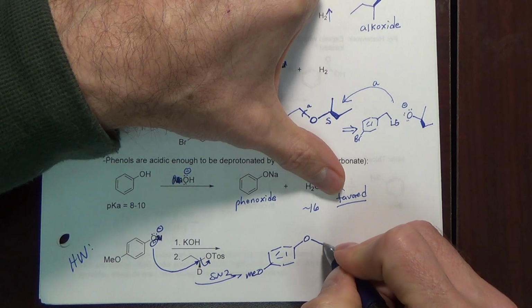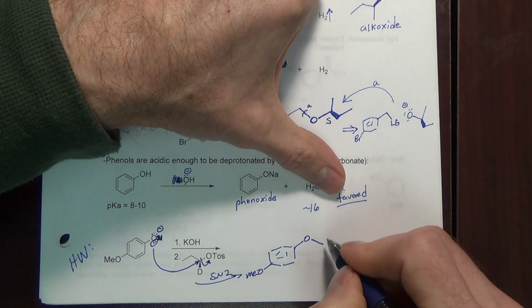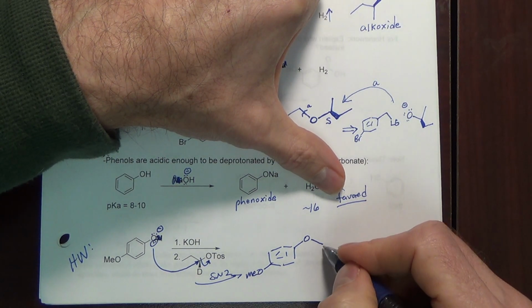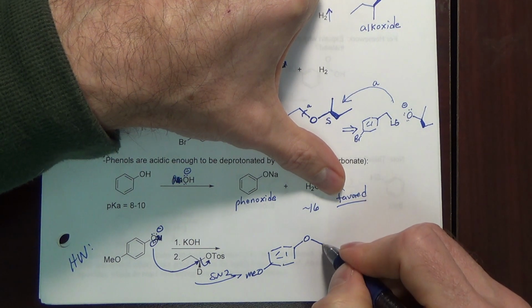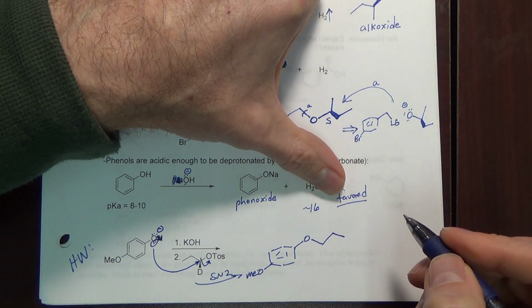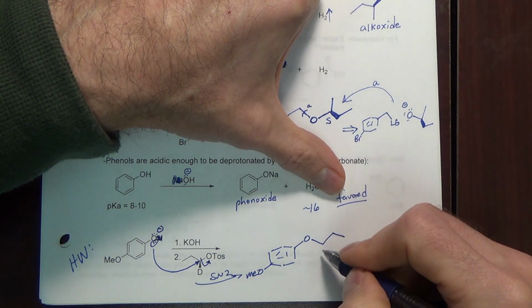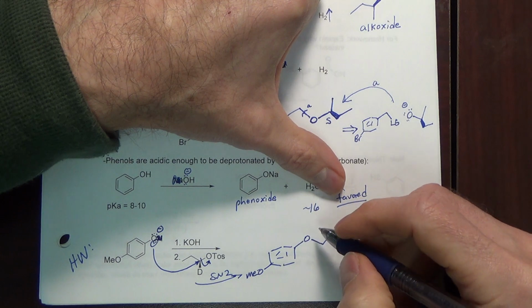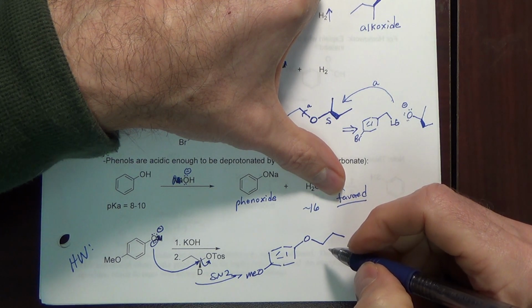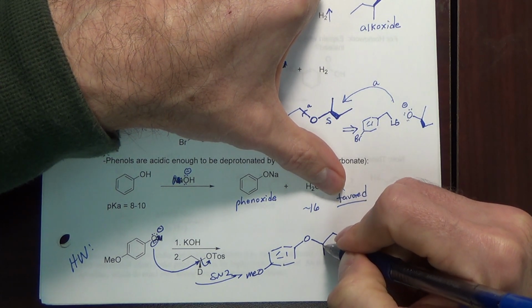How am I going to show this chiral carbon? I'll put the ethyl group in the plane, and then the deuterium that's on that carbon, I can show that forward.